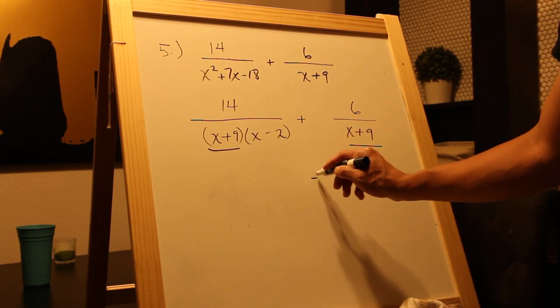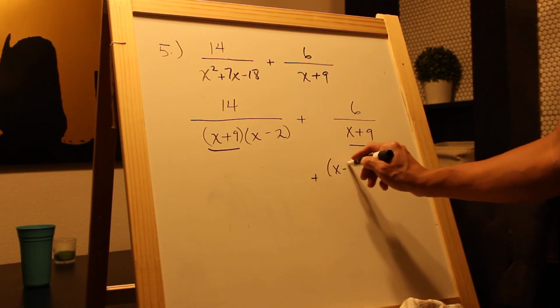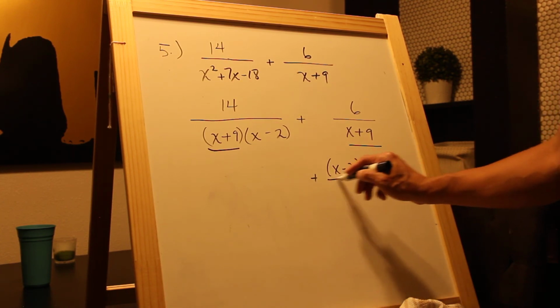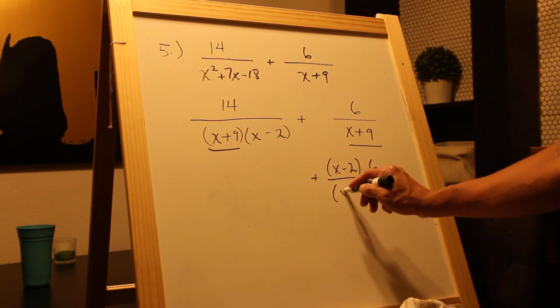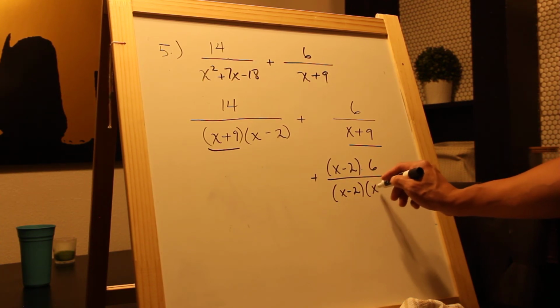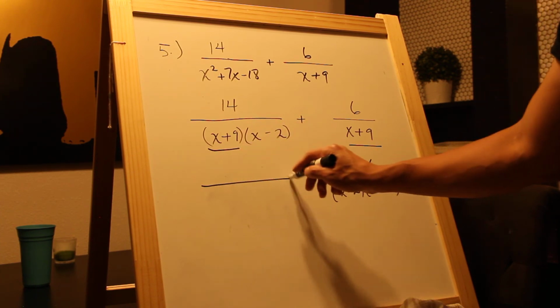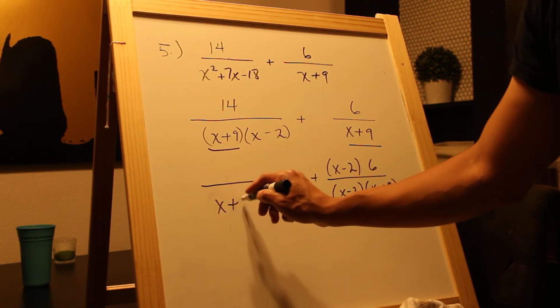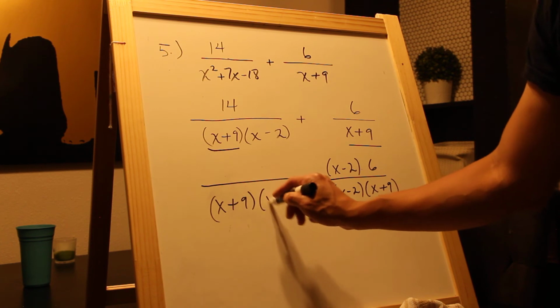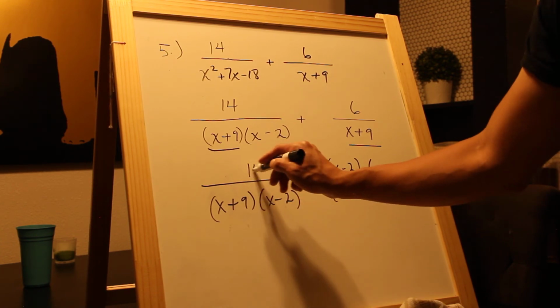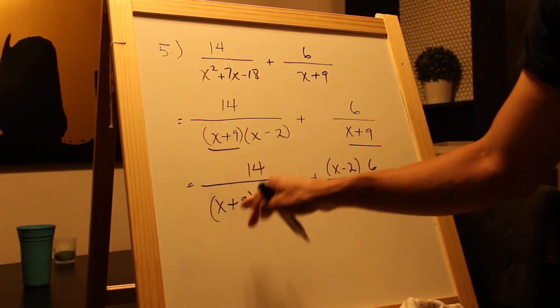So what do I have to do? I have to multiply the top and the bottom of the second fraction by x minus 2. Right here I just drop the first fraction down and leave it as it is for now.